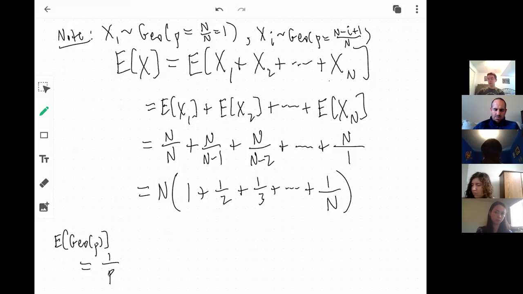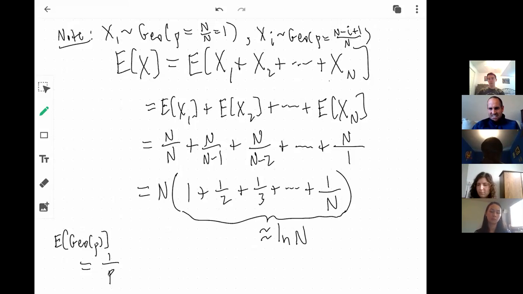So this is n times, like this right here is like the harmonic sum. I don't know if you remember or not, but this thing right here is really, really close to the natural logarithm of n. You can kind of see that by estimating it by an integral. So that means that the expected length of time that we're going to have to wait is basically n times the natural logarithm of n.